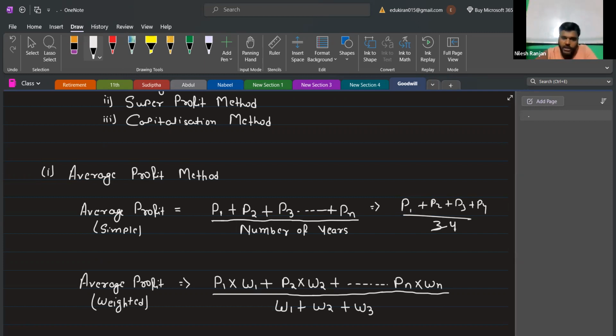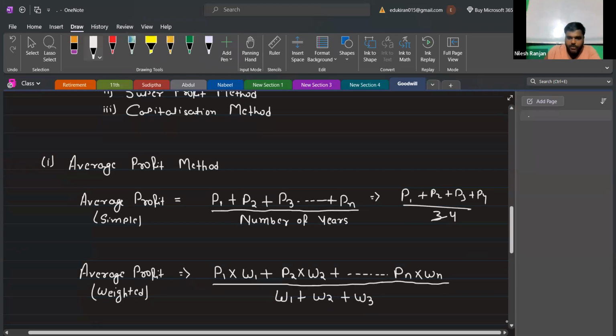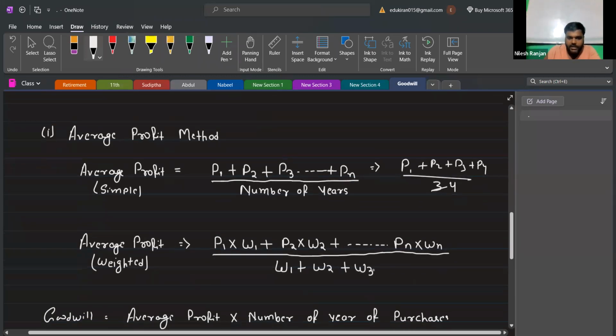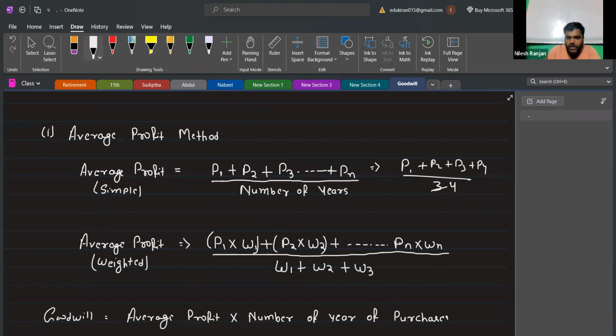Now, if you remember this, can you tell me why we have written here P1 into W1, P2 into W2, and Pn into Wn? What does W mean here?